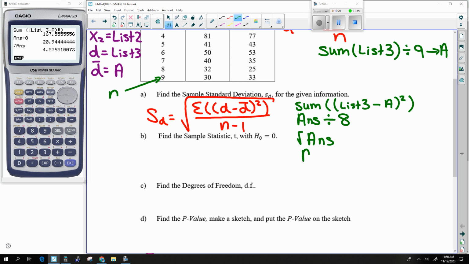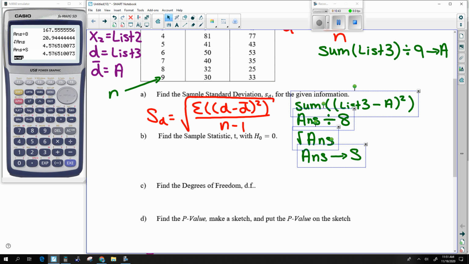I do need to use this in future calculations, so I'm going to take that answer and store it as the letter x. Okay, that is how you get your sample standard deviation. Just follow the formula.